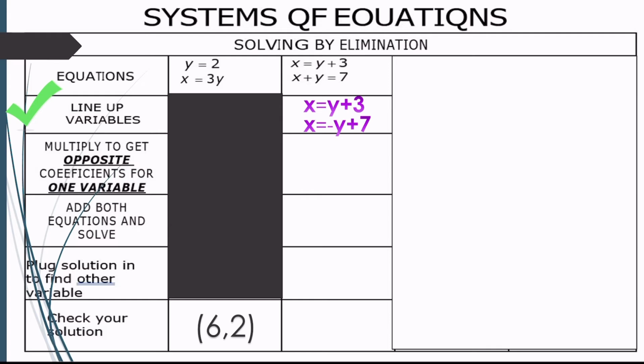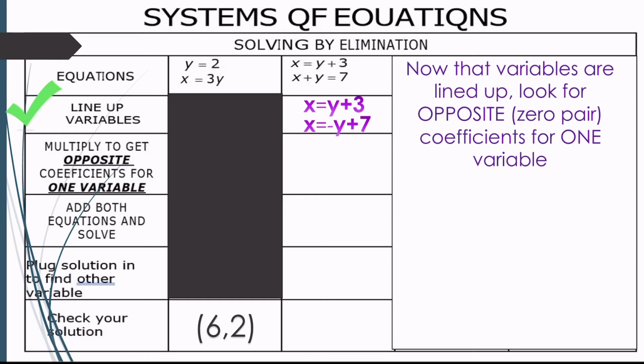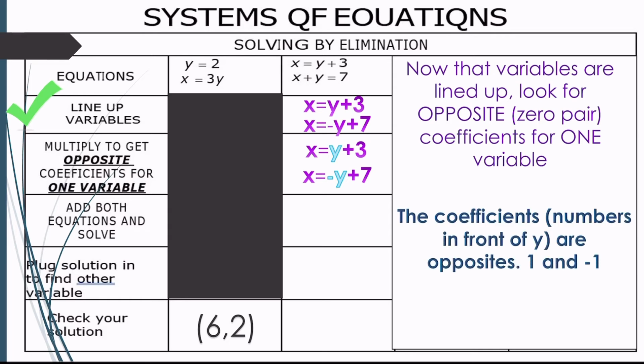And you do this for either variable x or y. It doesn't matter. So we also call these zero pairs. So I actually have a zero pair here. If I look, I have in front of this y a 1, and in front of this y a negative 1. So I already have a zero pair. I've already gotten what I need to do.